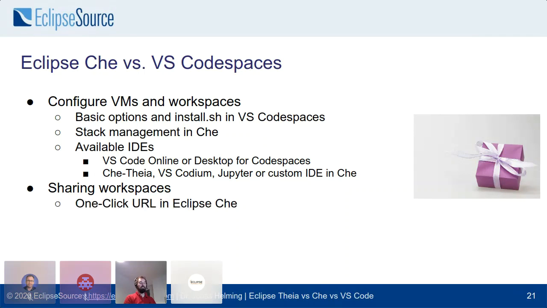This one-click URL you can share, and then you can configure a Git repository to be checked out, plus the respective stack, meaning the workspace configuration that new users get. And with this URL, a new team member can basically just click one link and get everything set up.